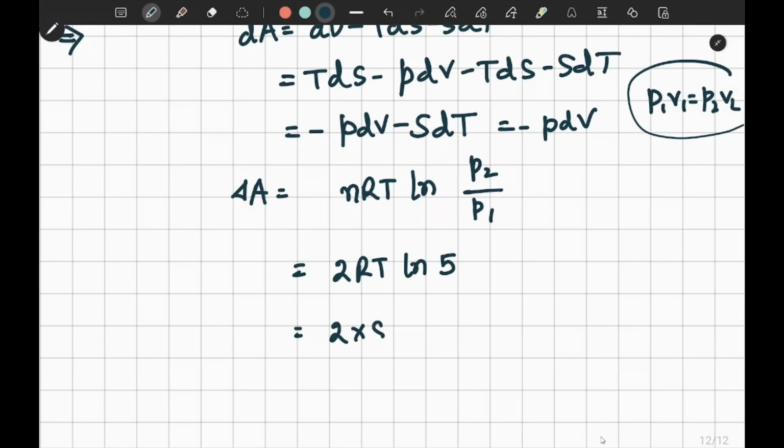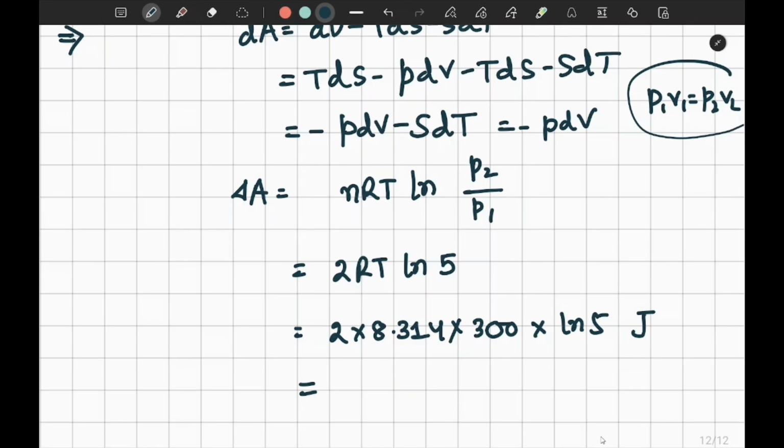So 2 into 8.314. What is the temperature? Temperature is 300 Kelvin and ln 5. And it has no unit. It's actually joule per Kelvin per mole, times mole, times Kelvin. So eventually it will be joule. So now we have to just calculate it. What will be the value?